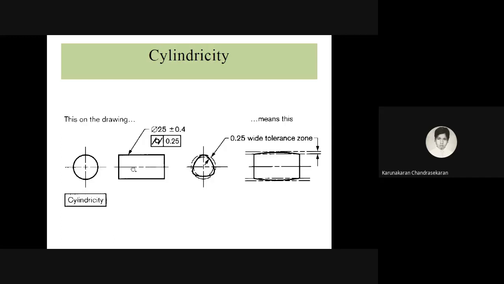Then cylindricity, on the linear side. This is the symbol used for cylindricity. You have two slanted lines and one circle, so this symbol directly denotes your cylindricity. So how much variation? 0.25 variation in the component.